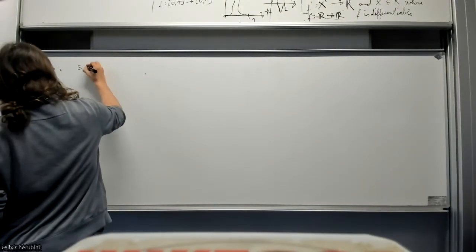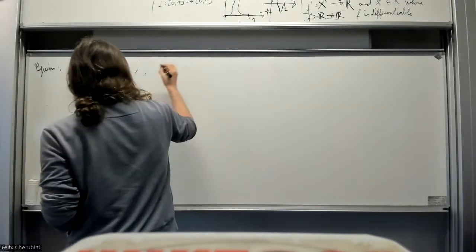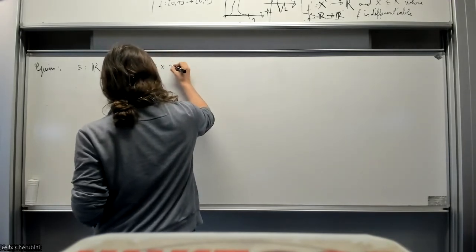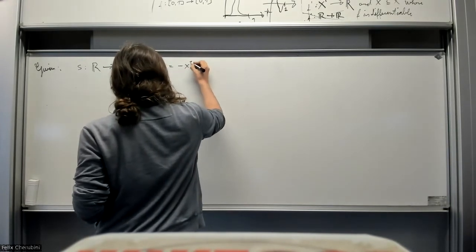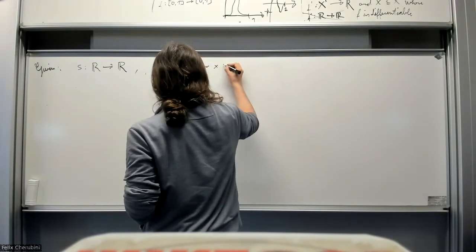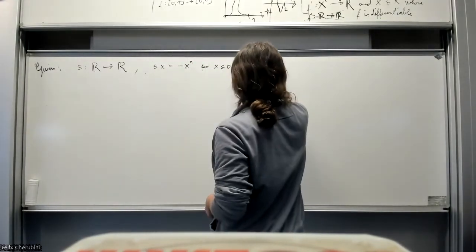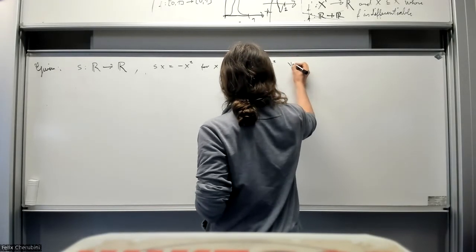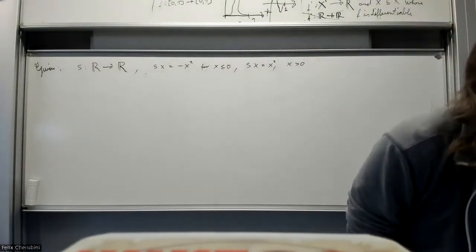We have a function S from R to R, no subsets here. And it is defined like this. S of x is minus x squared for x smaller or equal 0, and S of x is x squared for x bigger than 0.